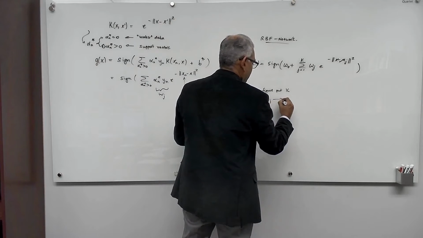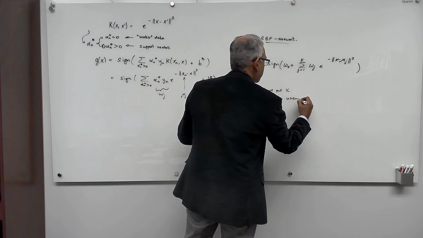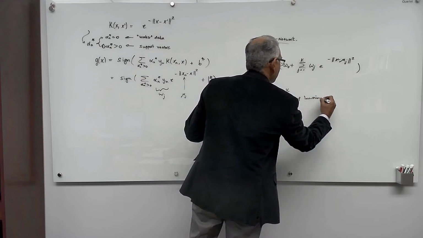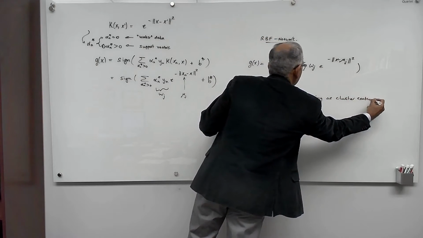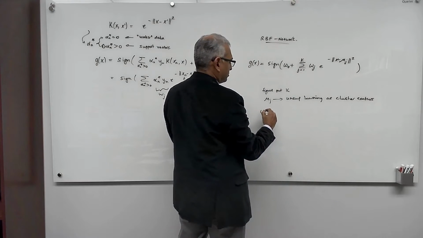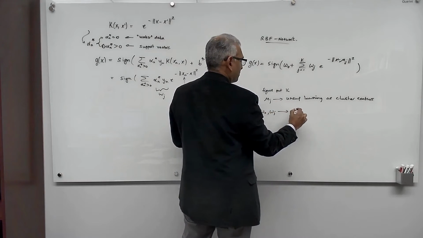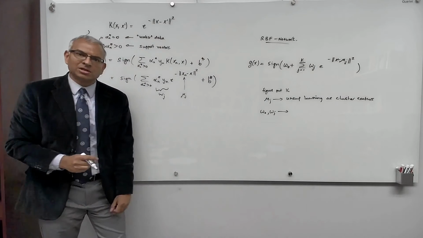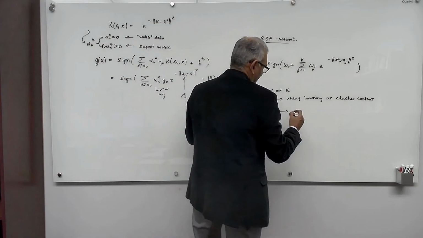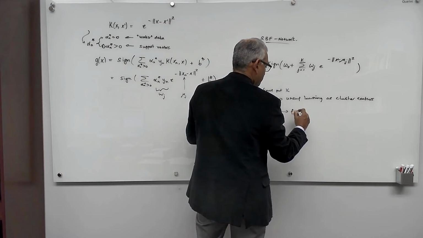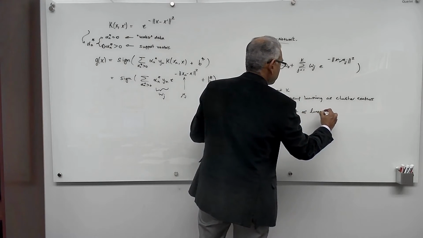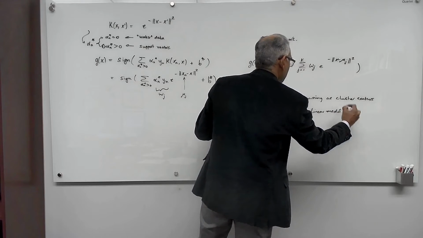Then W0 and Wj come from treating this as a linear model and running whatever linear model algorithm we want. Fit a linear model. So that was the RBF network.